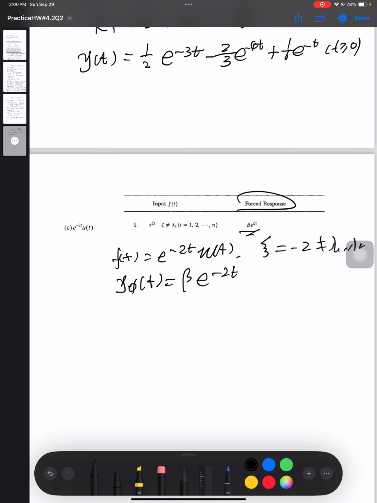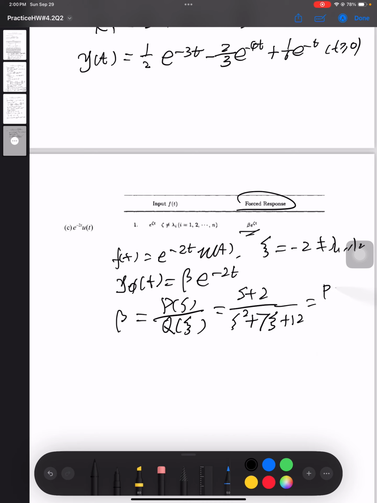Then we can use the same method to calculate beta, which is p(sigma) over q(sigma), where p is sigma plus 2 and q is sigma squared plus 7 sigma plus 12. This time sigma is minus 2, and we can see p actually equals 0.